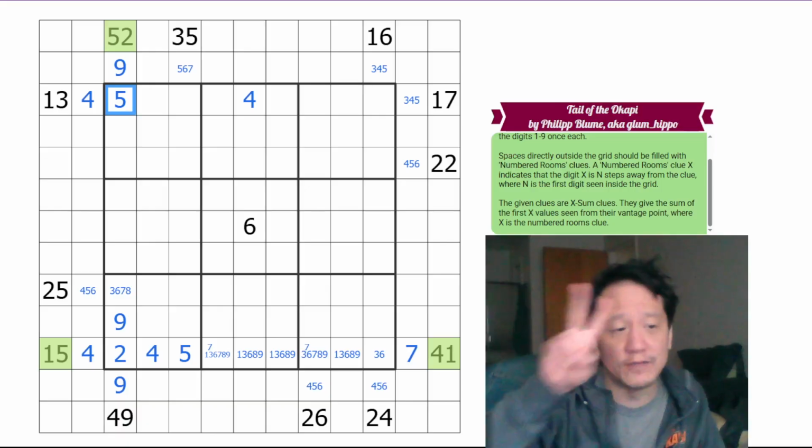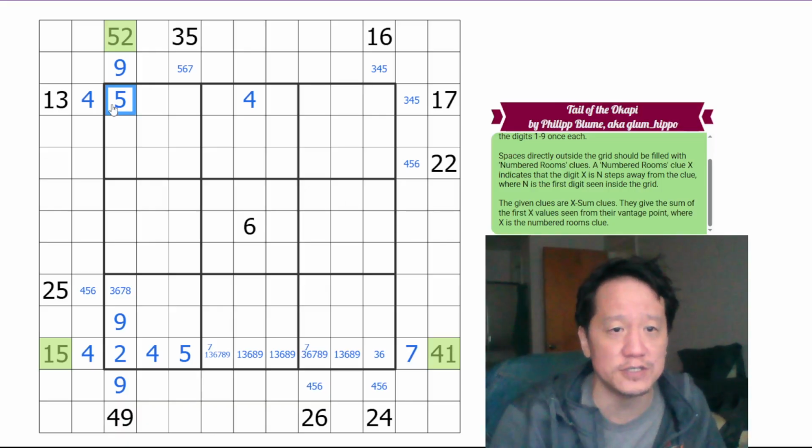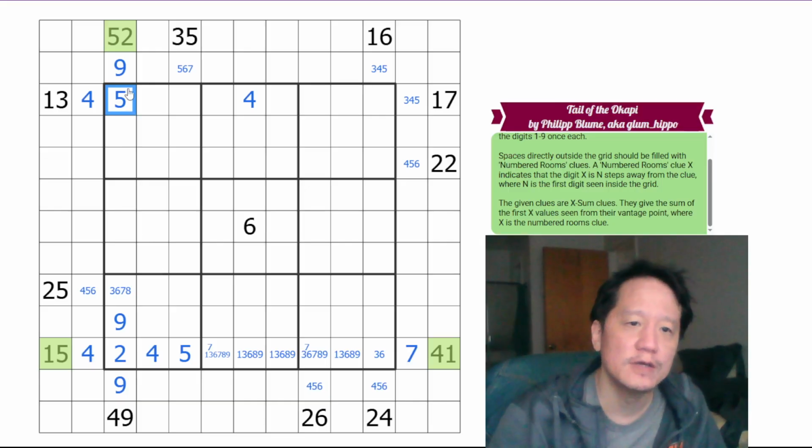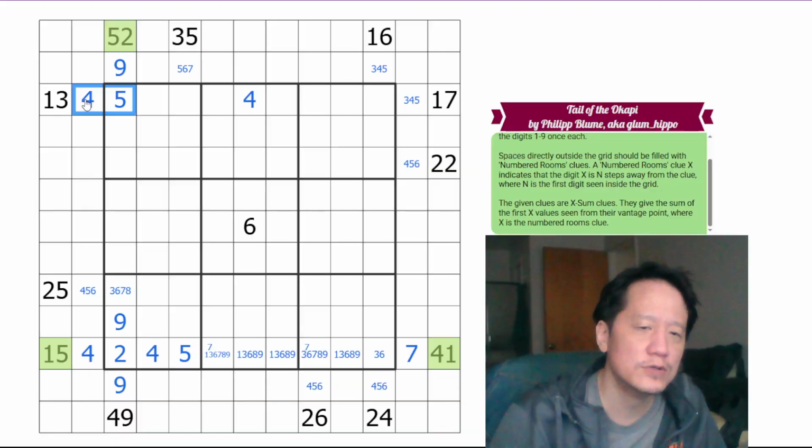So we only have 2 scenarios, actually. So this is either 5 or this is 3. That's interesting. 4 and 5 add up to 13. This would have to be a 1, 3 pair, and this couldn't be 1.